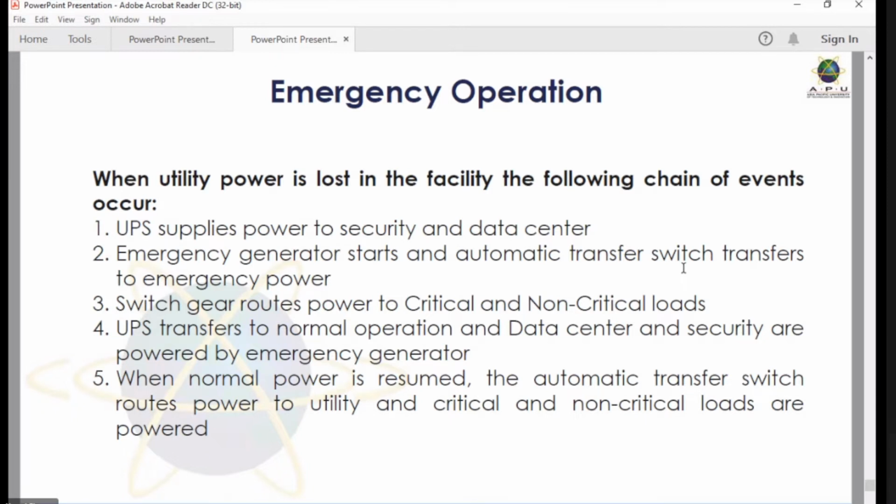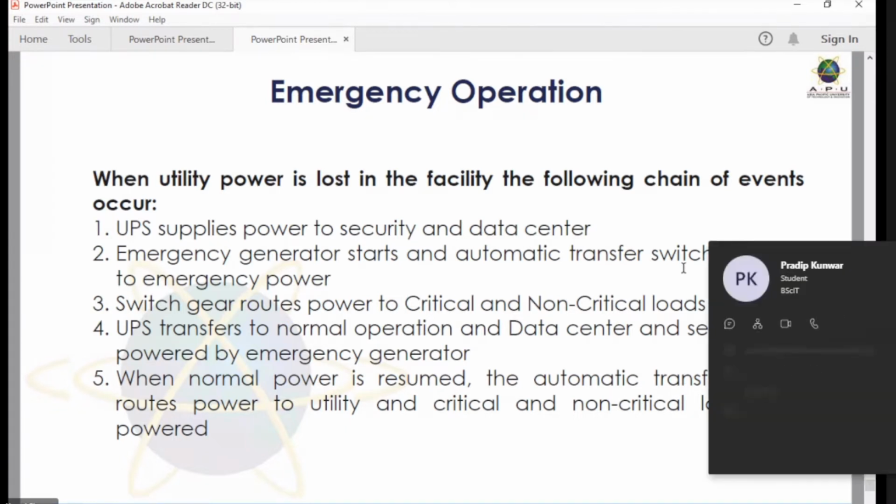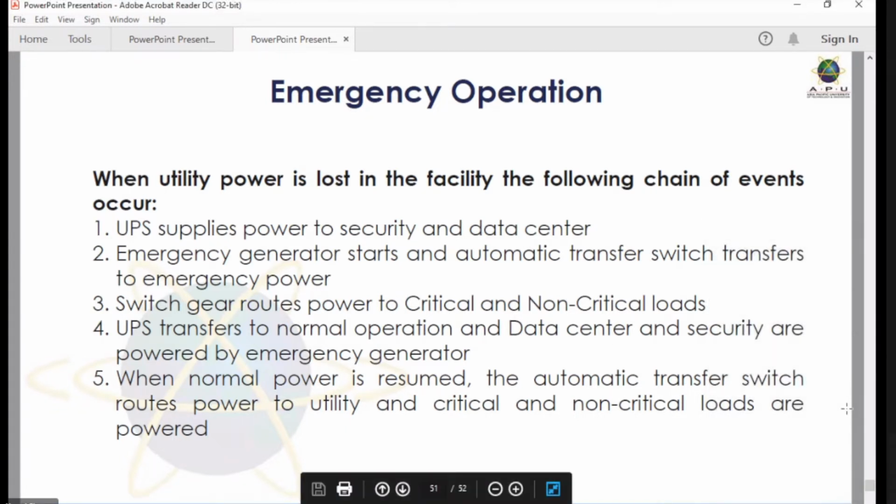When normal power is resumed, the automatic transfer switch routes power to utility, and critical and non-critical loads are powered. अनि त्यसपछि फेरि अरु क्रिटिकल नन क्रिटिकल लोड्सहरु चाहिँ युटिलिटीको पावर आएपछि ATS, automatic transfer switch, okay, it routes power back from the utility.